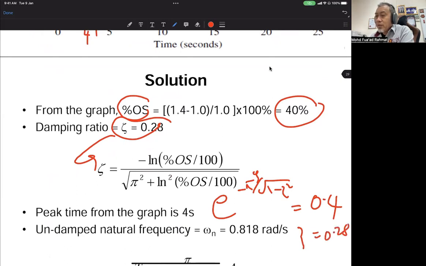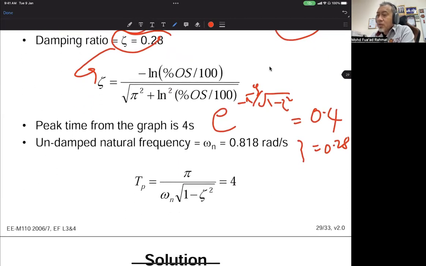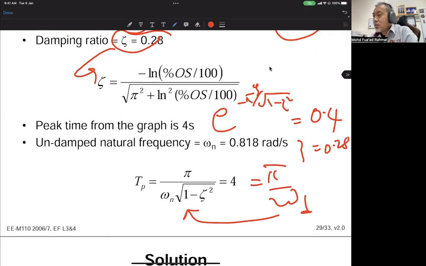So peak time from the graph is 4 seconds. The peak time formula is different from the settling time, which is pi divided by omega d, and omega d is equal to omega n square root of 1 minus zeta square. From here, you already know the zeta, so just find omega n.